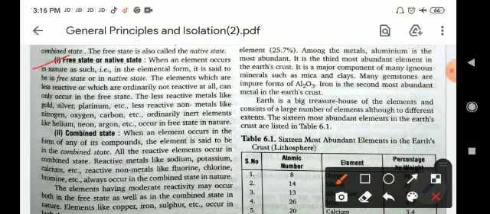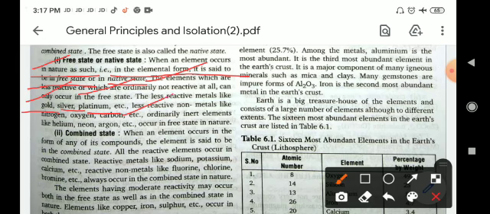What are the free state or native state? When an element occurs in nature in elemental form, it is said to be in the free state or native state. The elements which are less reactive, or ordinarily not reactive at all, can occur in the free state. Less reactive metals like gold, silver, platinum, etc. exist in nature in free form.